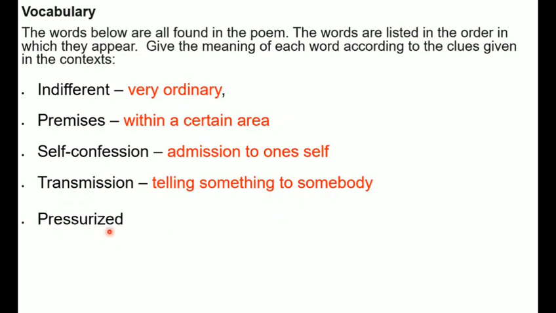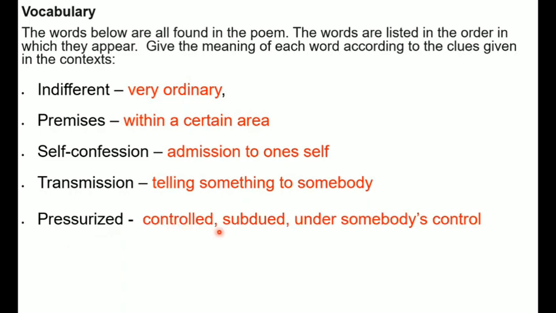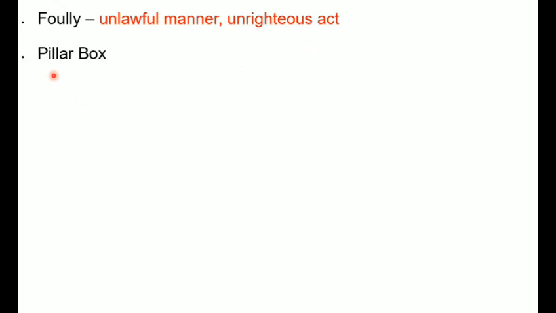And then pressurized means controlled, subdued, or under somebody's control. And then pipe means smoking by means of a pipe. Okay, now, foully means unlawful manner or unrighteous act. And then pillar box means a telephone equipment.